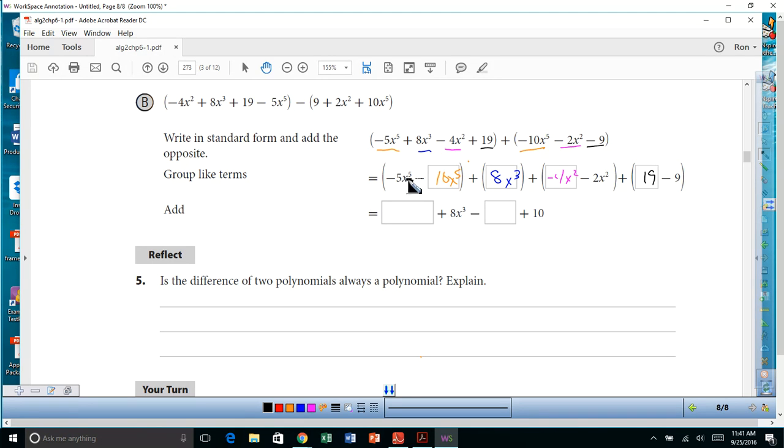So negative 5x to the fifth minus 10x to the fifth is going to give us negative 15x to the fifth plus 8x cubed. Minus 4 minus 2 would give you minus 6x squared. Plus 19 minus 9 gives you 10. Is the difference of two polynomials always a polynomial?